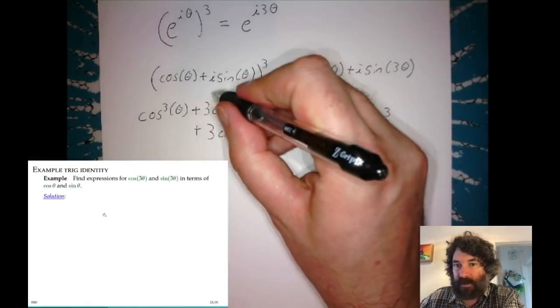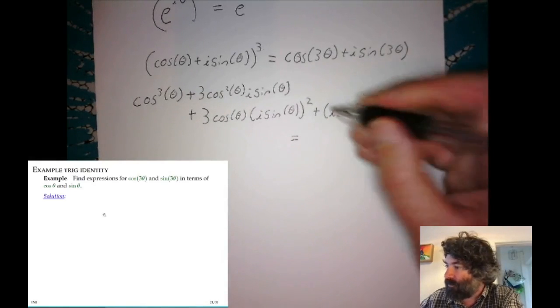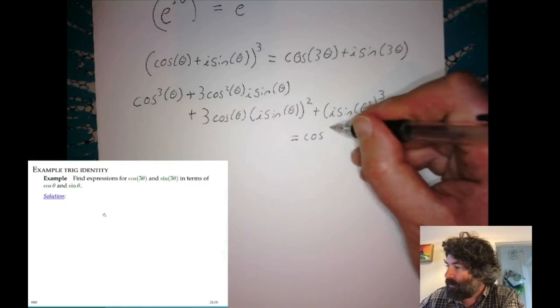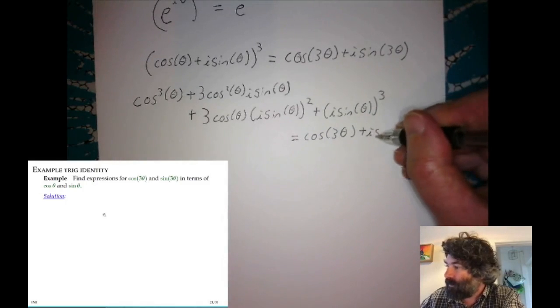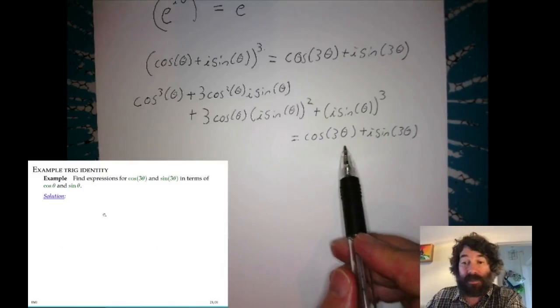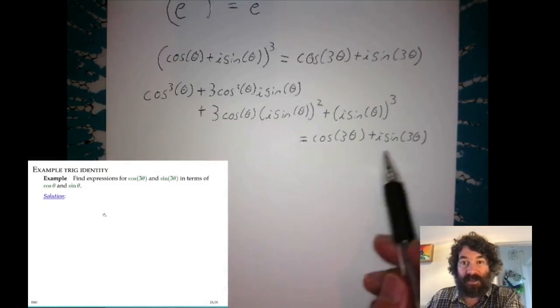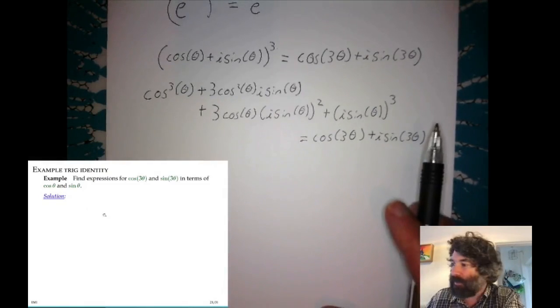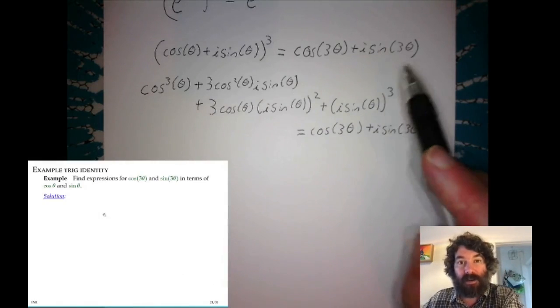All right, that's the left-hand side, and the formula tells us this is equal to cosine of 3 theta plus i sine of 3 theta. And so, once again, cosine is going to be the real part of this that we've just multiplied out, and sine is going to be the imaginary part. And so let's simplify in order to identify what are the real and imaginary parts.